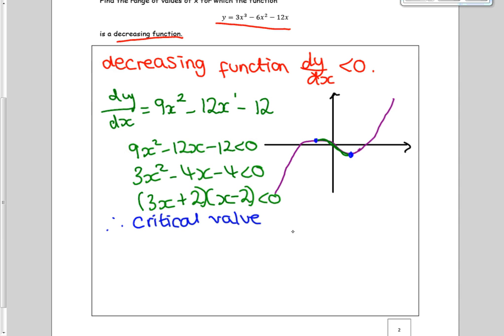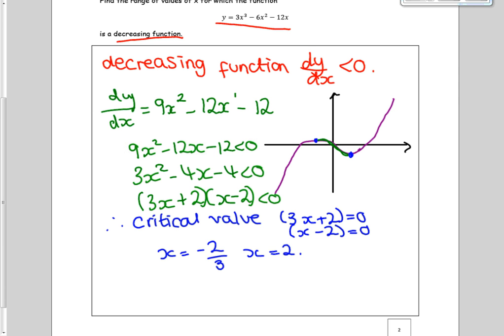So the critical values are found when 3x plus 2 equals 0 and when x minus 2 equals 0. That's where our critical values are, our turning points, if you may. So that means that we end up with x equals minus 2 over 3 and x equals 2.